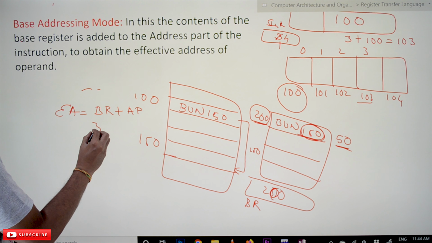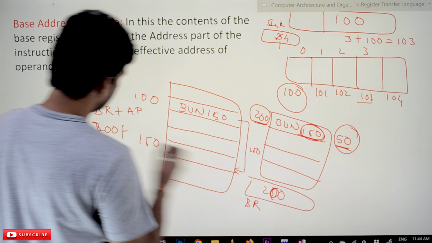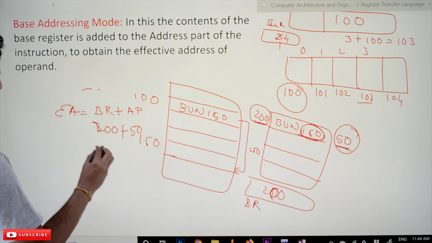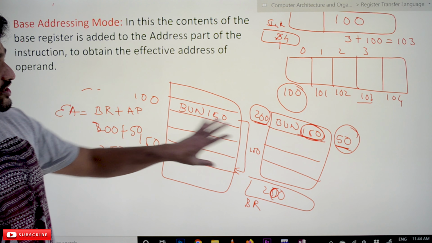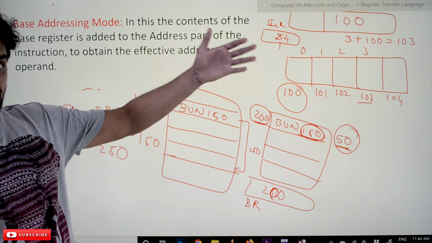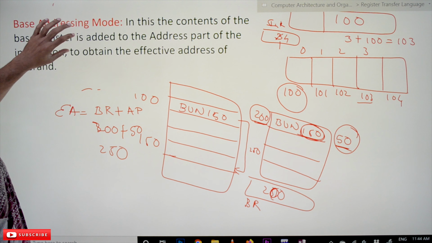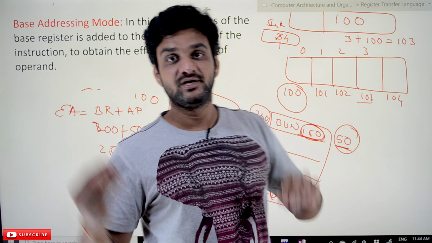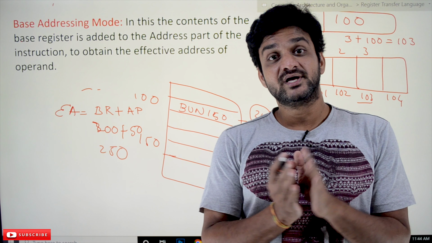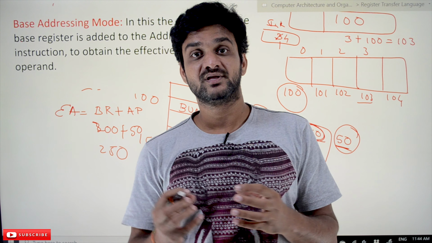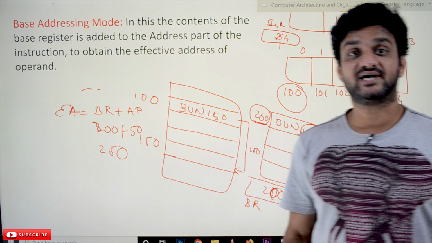Here we have 200 and the address part is 50, so adding 200 plus 50, we get the effective address of 250. This is also a kind of displacement addressing mode, or relative addressing mode. Both base addressing mode and index addressing mode are very much the same. They are used for the relocation concept, so relocation of programs can be done by using base addressing modes.